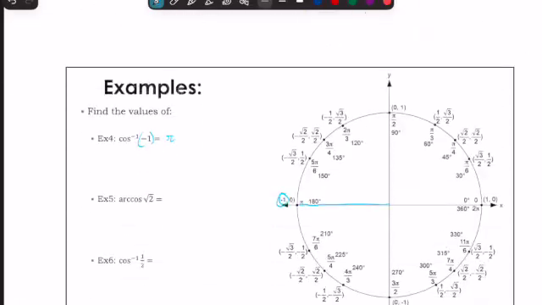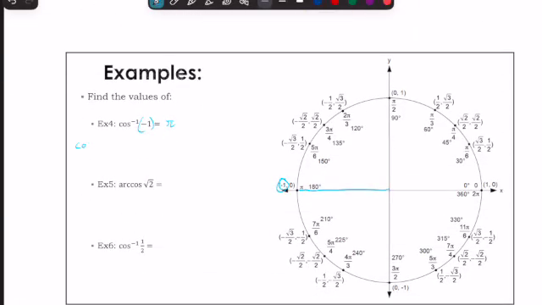So the way I often will think of this is, okay, cosine of x is equal to -1. So what value for x gives me -1? Or what angle measure? Well, that angle measure would have to be pi. So that's kind of the way I think of these problems.